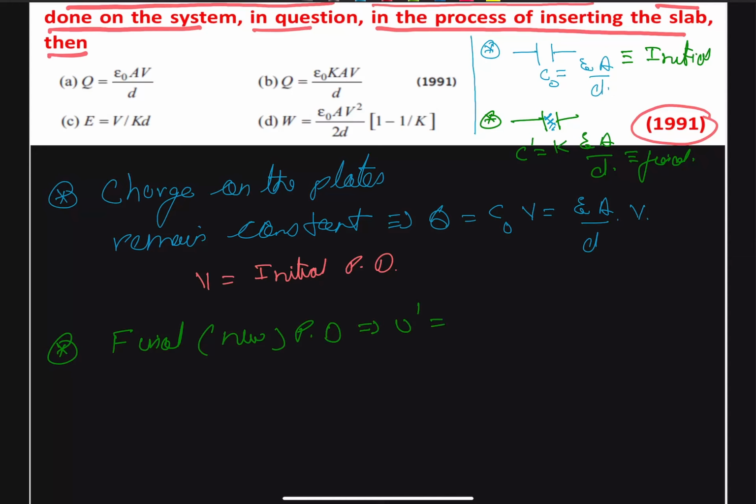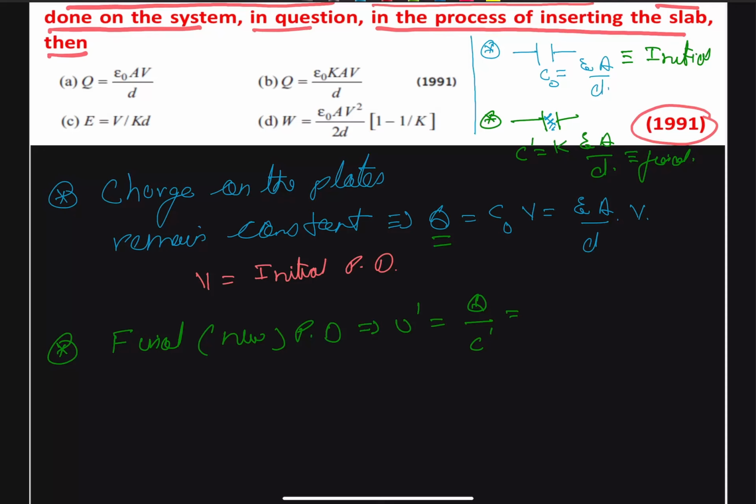Then this V prime will be equal to, because the charge will be the same, Q upon C prime.